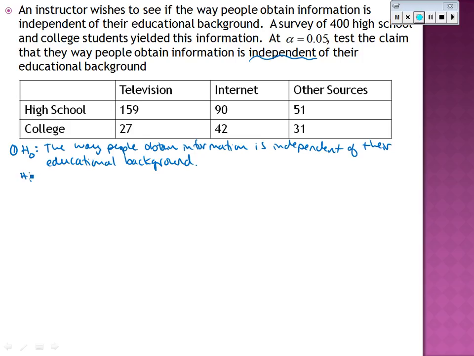And then your alternative hypothesis then will state the dependence part. So the way people obtain information is dependent upon their educational background.